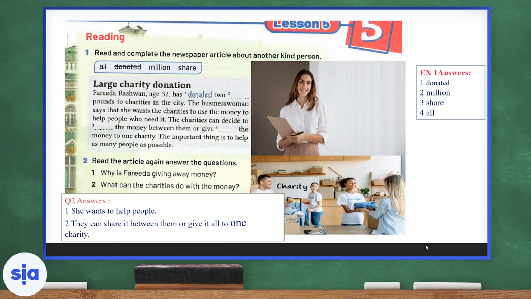They can share it between them or give it all to one charity. So what can they do with this money? They can share it or they can give it to one charity organization. And of course, these organizations use the charity money to buy food, clothing, sometimes shelter, sometimes allowing children to go to school. So it can be used in many useful ways.